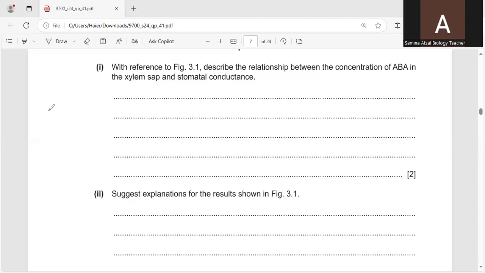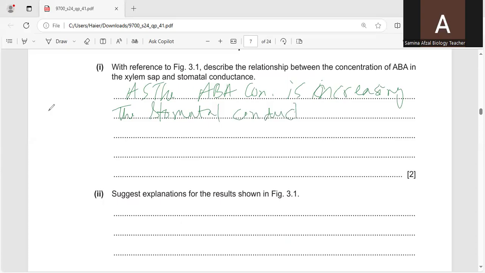As the ABA concentration is increasing, the stomatal conductance is decreasing.